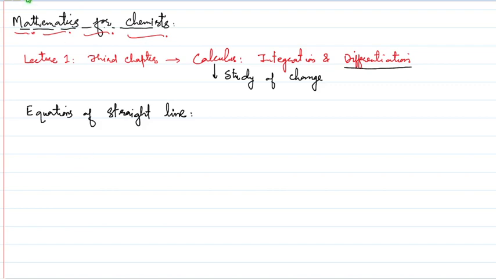So you will need to plot some graphs, so it is very important to discuss these equations of a straight line. Before that, first we will see what is slope or gradient.